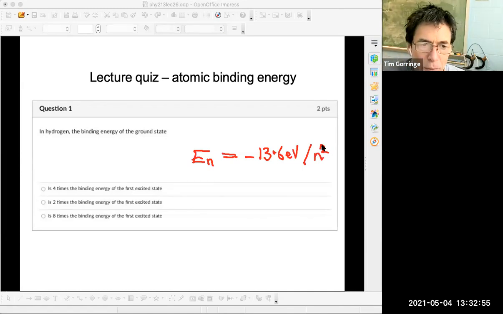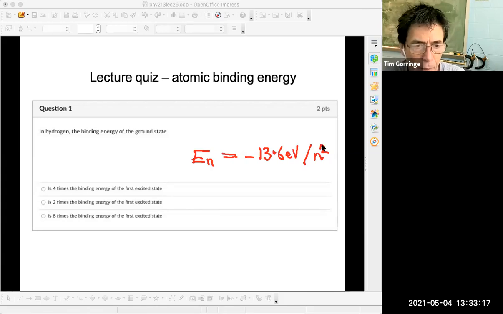So that means the bigger the n for the particular orbit, so the more wavelengths that fit in the box, the smaller the binding energy. The easier it would be to remove that electron from the atom. If we want to compare the ground state and the first excited state, well, the ground state is n equals 1.